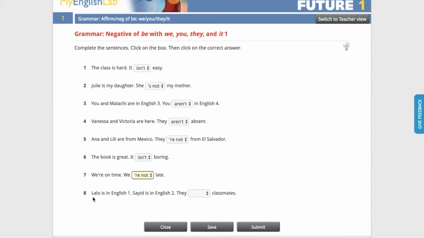Number 8. Lalo is in English 1. Sajid is in English 2. Now here's 2 people. So 2 people. They're not classmates. Why not? Why are they not classmates?